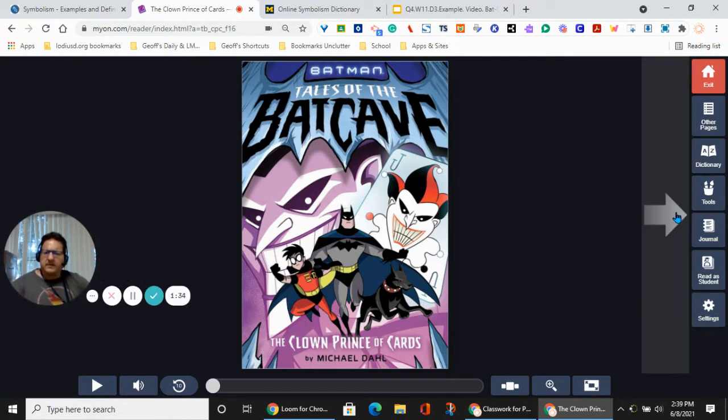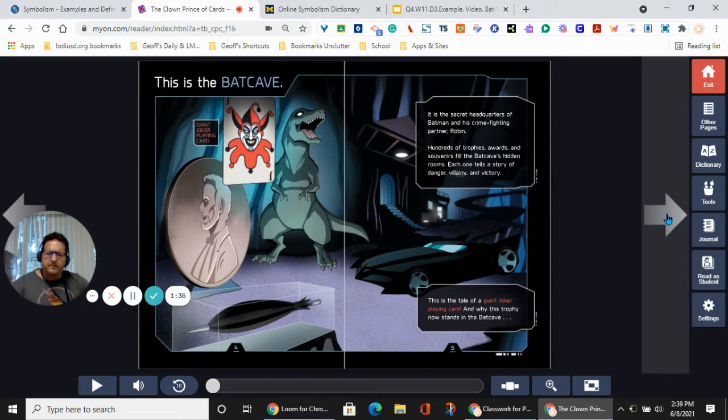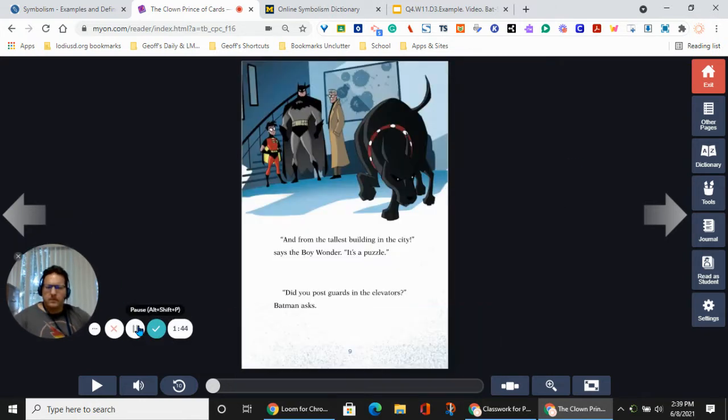So it's a story about one of the souvenirs in the Bat Cave. On this page, we're introduced to the main characters of the story, or most of them. So we have Commissioner Gordon, Batman, Robin, and the Bat Hound, whose name happens to be Ace.